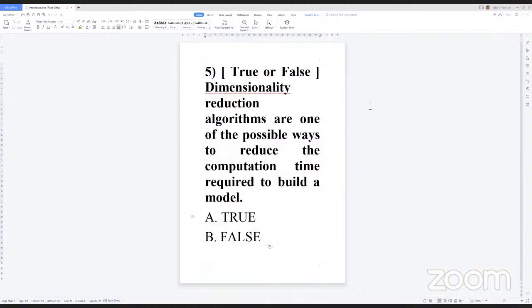So the fifth question is a true or false question. It says that dimensionality reduction algorithms are one of the possible ways to reduce the computation time required to build a model. PCA techniques are used to reduce computation time to build a model.